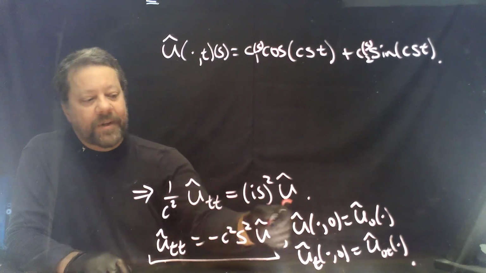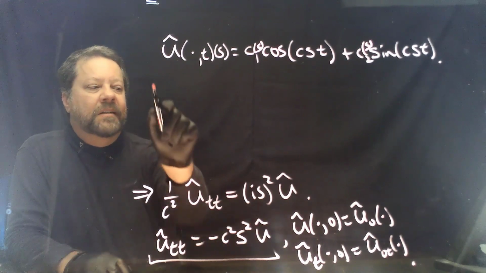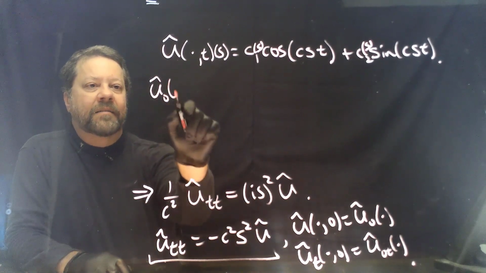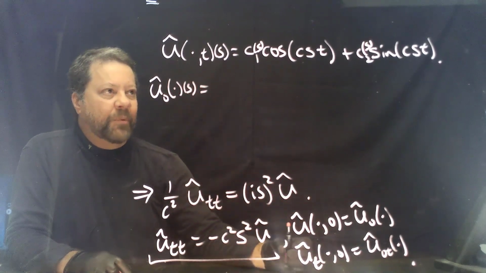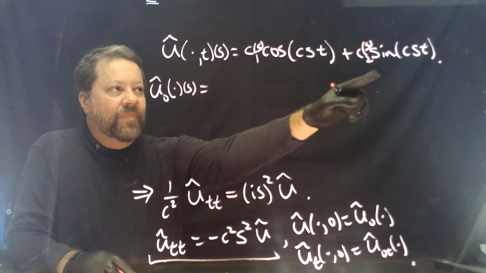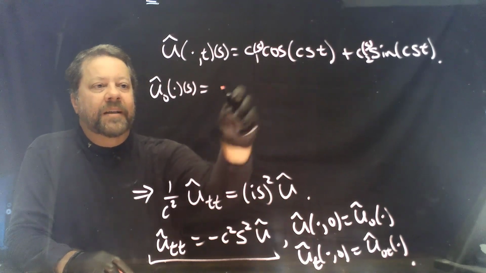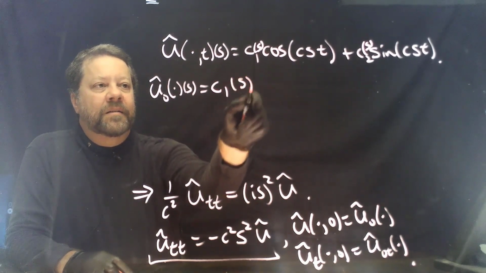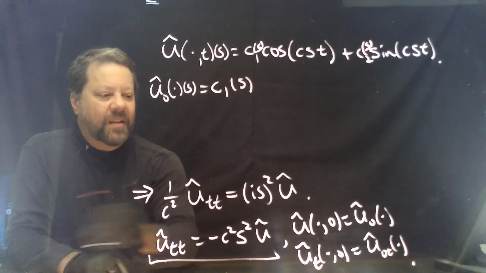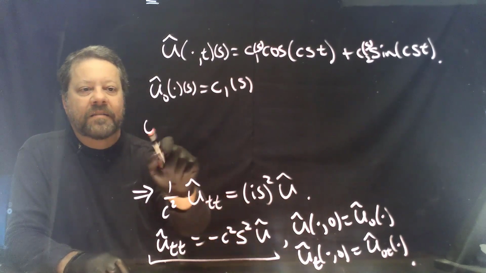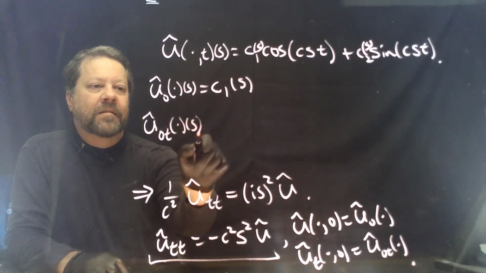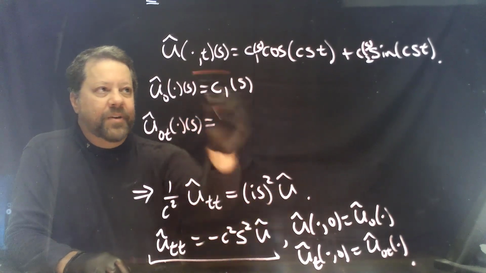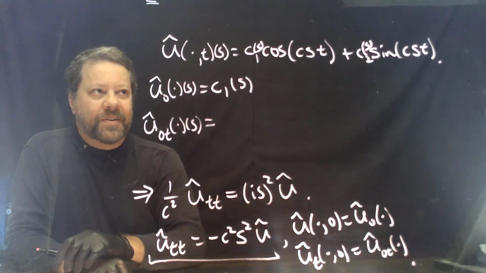It's at this point that we account for the initial data. So u hat naught is going to be what we get when we plug in t equals 0. Well, sine of 0 is 0, so we get C1 of s. Down here, u hat 0t is what you get when you take the derivative of this and then plug in 0.